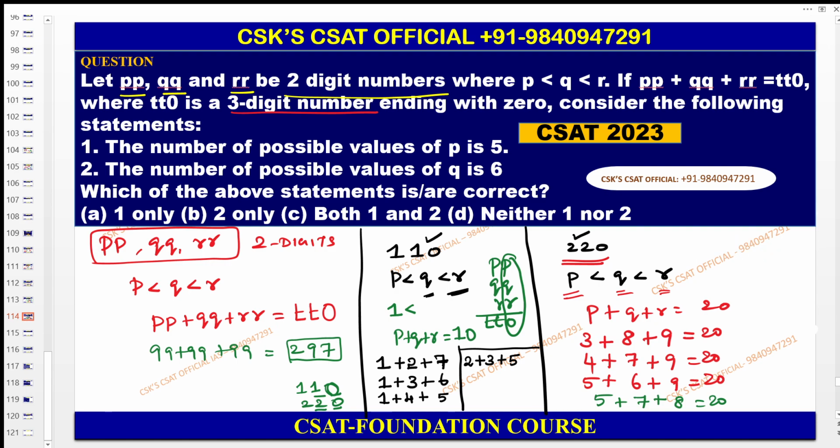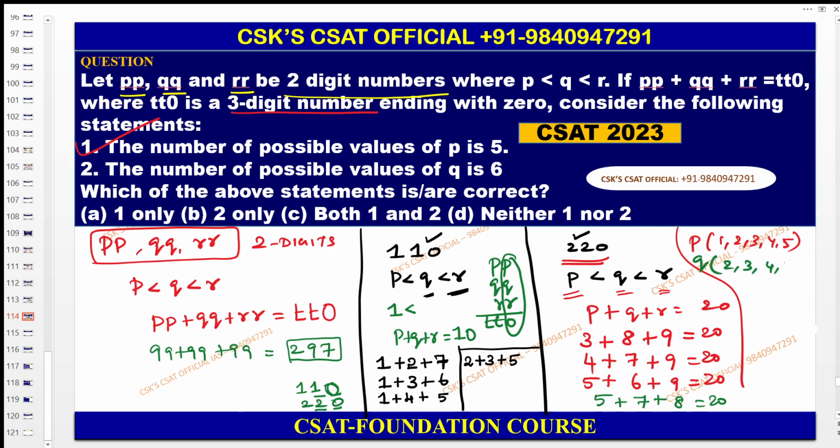Now you can check with the possible values for P. P contains, what are the values? 1, 2, 3, 4, 5. So therefore number of possible values for P is 5. Yes, correct. Now you can check with the Q. Q means second one. 2, 3, 4.